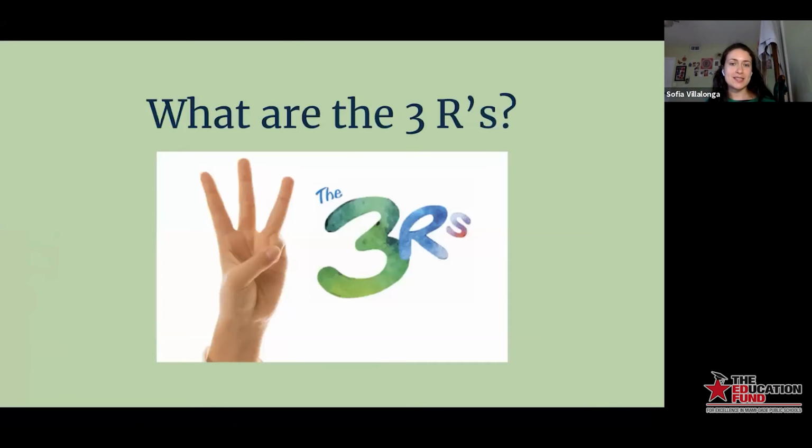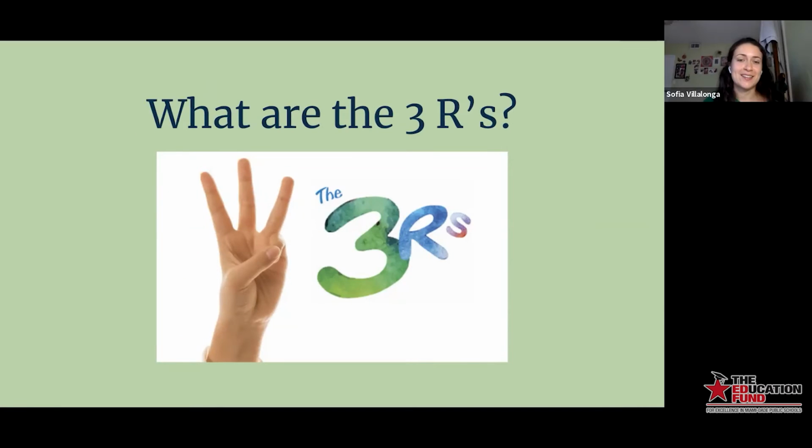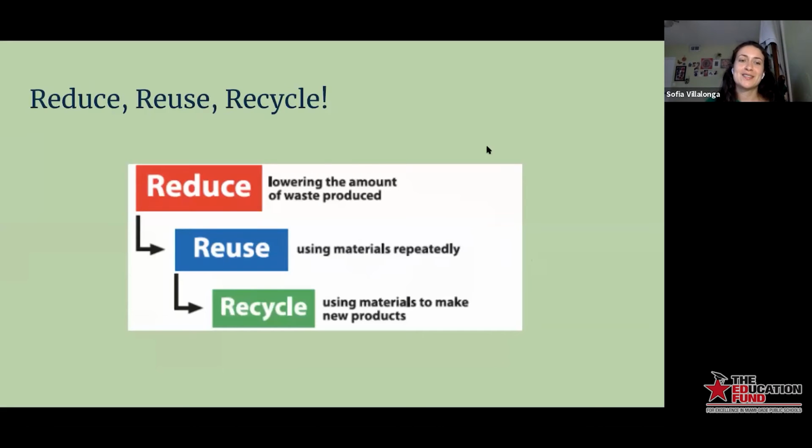So can anybody tell me what the 3 R's are? Has anybody heard of the 3 R's? Reduce, reuse, recycle. Yes, exactly. These are 3 ways that we can reduce the amount of waste that we produce.